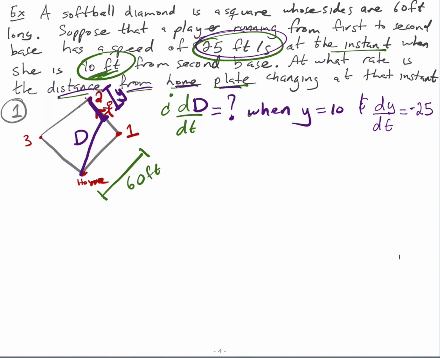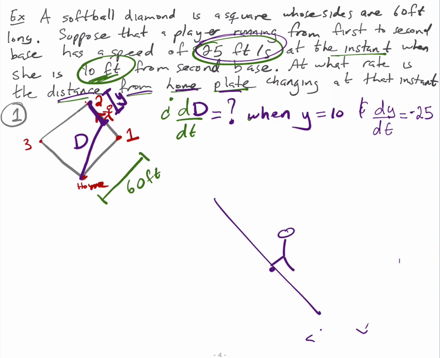You guys don't seem to like the negative. Is that because it's getting closer to home base? Or because you're getting closer to second base. Yeah. So here's the runner, and this distance right here is y. If I say dy over dt is equal to 25, what is this telling me?